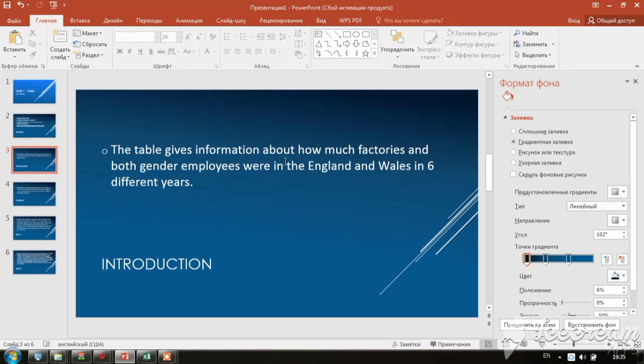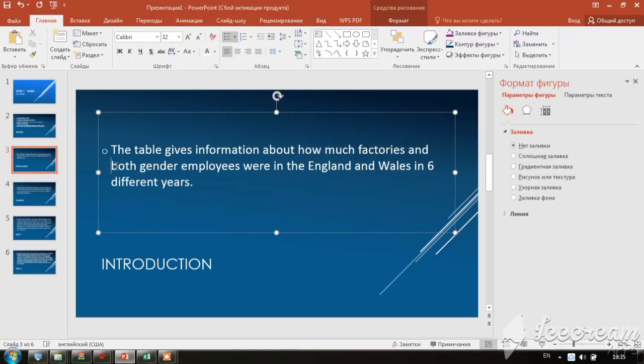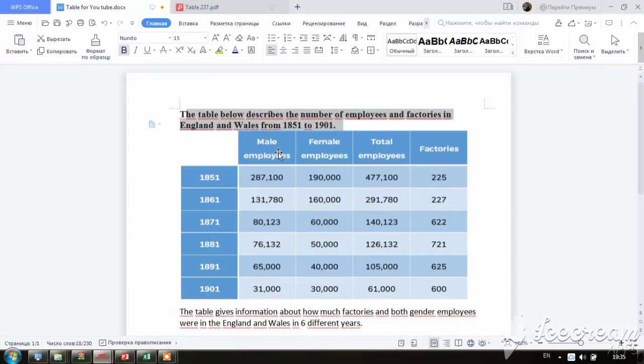You can use 'the table shows', 'the table depicts', or 'the table gives data'. So the table gives information about how many factories and employees of both genders there were in England and Wales in 6 different years. You can see that both genders, male and female, are totally paraphrased, and how many factories there are is clear.